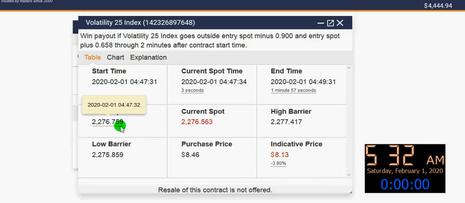So this is the entry spot, the 76. This is the current spot. This is the high barrier.